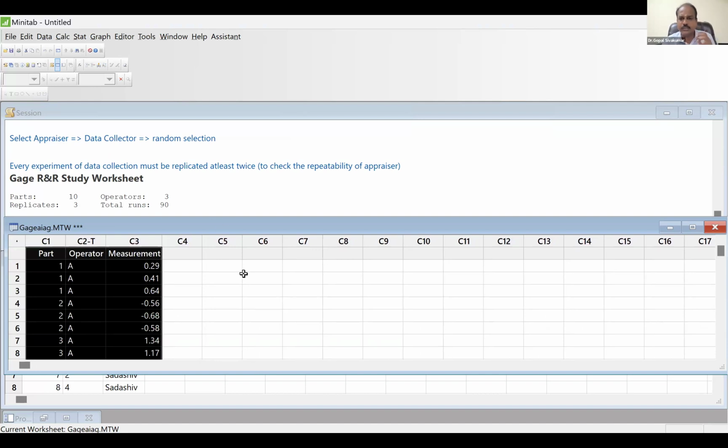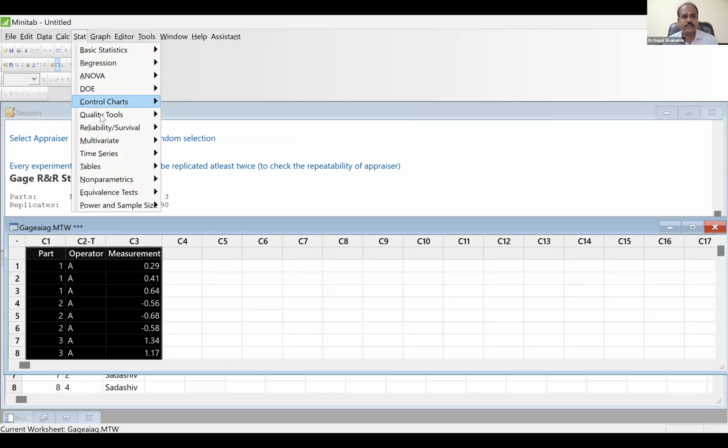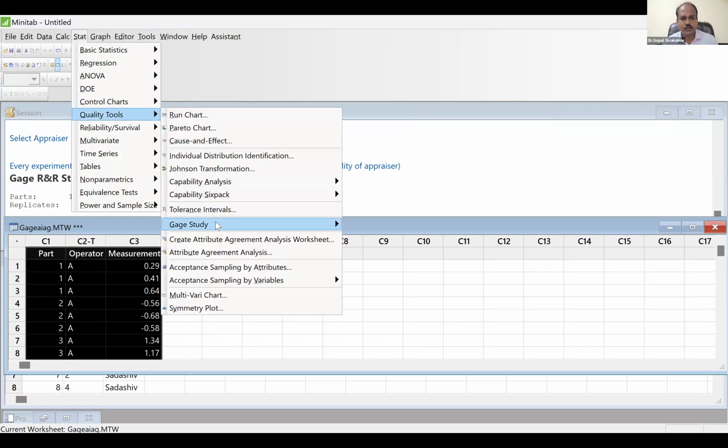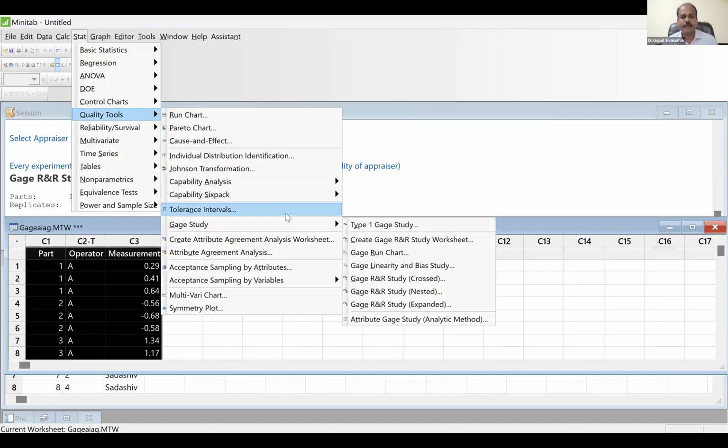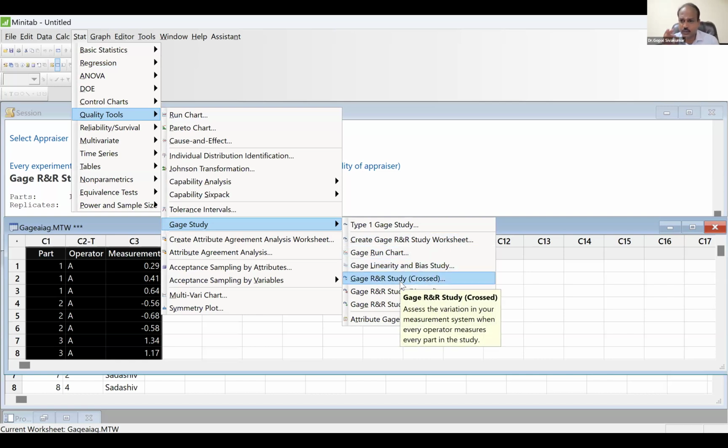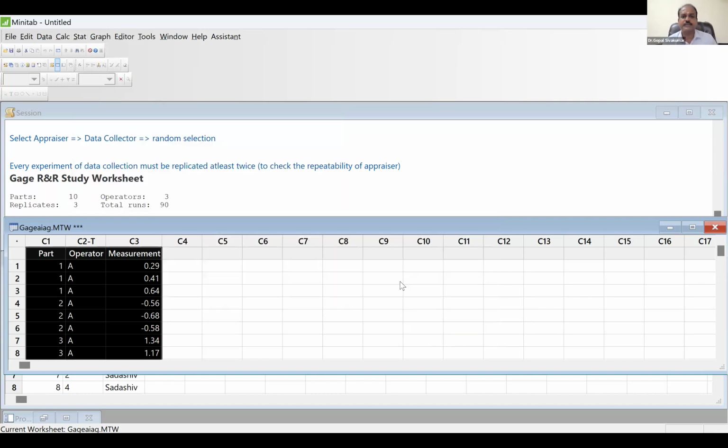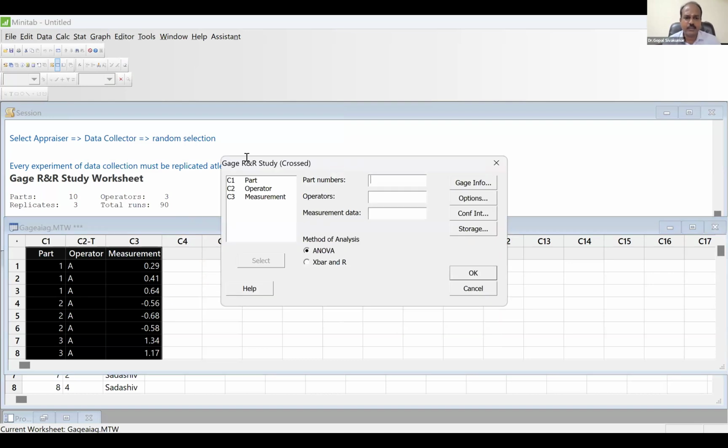So now what I should do is perform the analysis. So go to Stat, go to Quality Tools, go to Gauge Study, then you see Gauge R&R Study (Crossed). The study is considered crossed because the same 10 parts are measured by all the appraisers. So the study is known as crossed. So you select that. Now come here, part number.